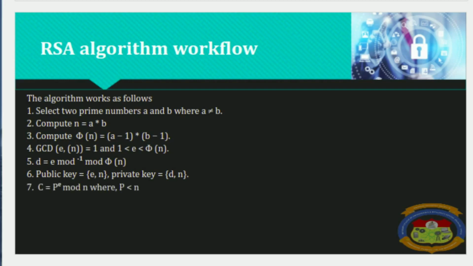So we compute the ciphertext using C equals P to the power E mod n, where P should be less than n. As we mentioned, (E, n) is the public key. We have already devised E, and we know n as well.